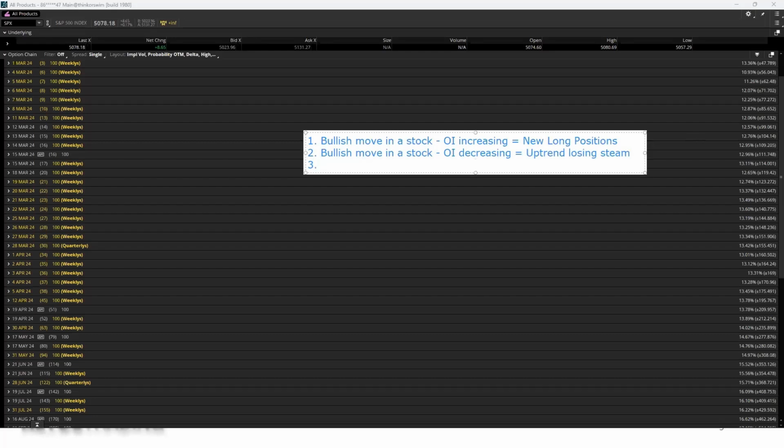Now let's say there's a bearish move in a stock, and open interest is increasing on the put side. So the stock's going down, open interest is going up on the put side of the options chain. What does that mean? That would be bearish.